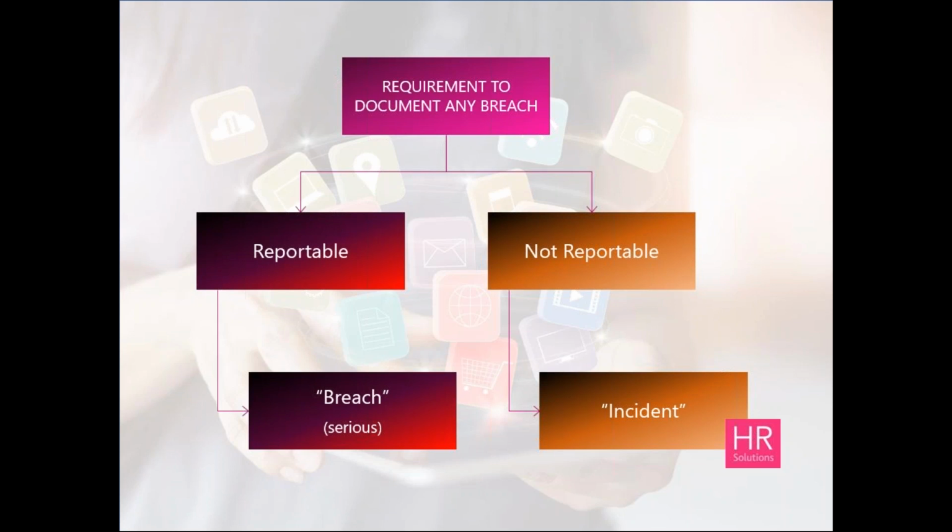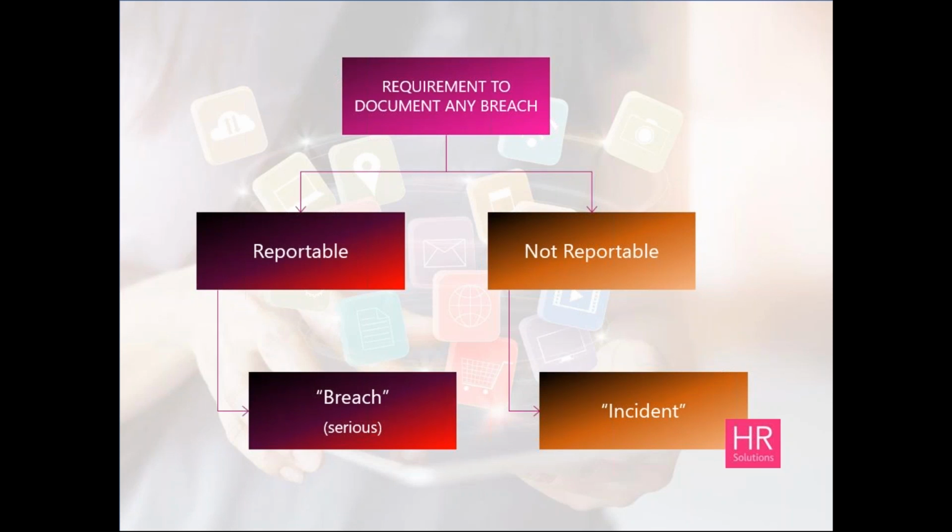But you might agree that you're going to end up with breaches which are reportable and breaches which aren't. Privacy professionals distinguish the two by referring to a reportable breach as a breach, or a serious breach sometimes, and they refer to those which aren't reportable as incidents.